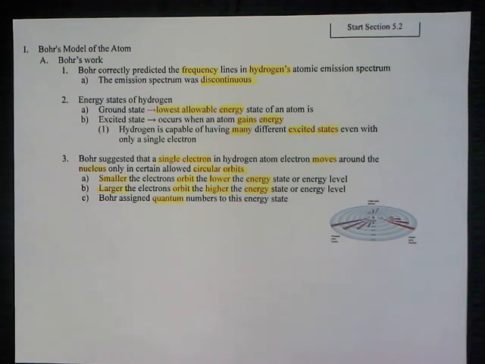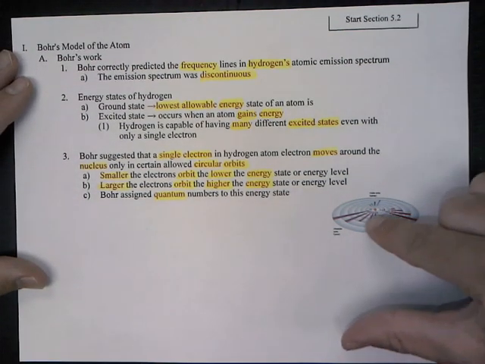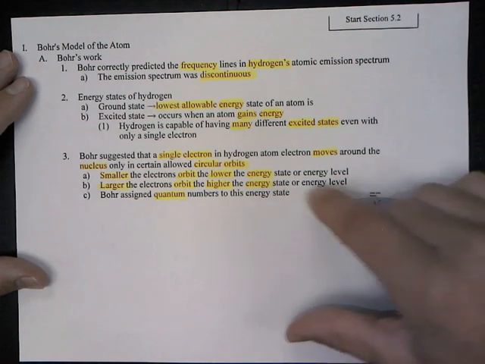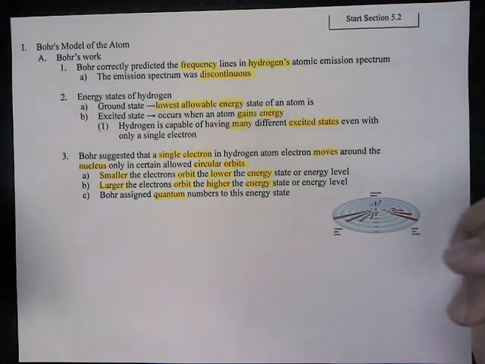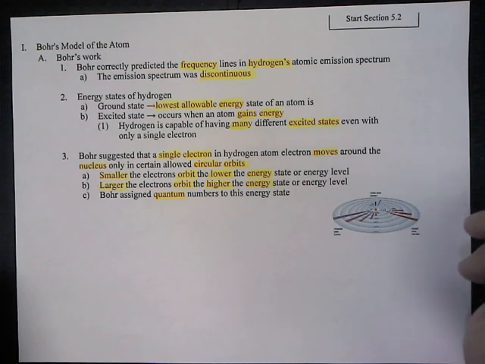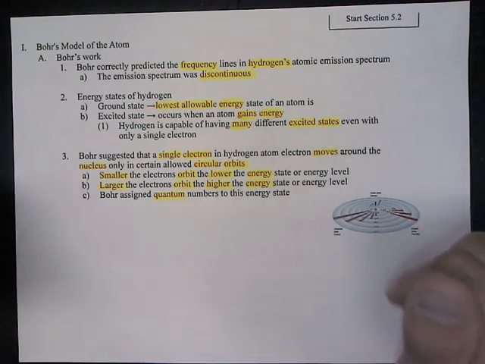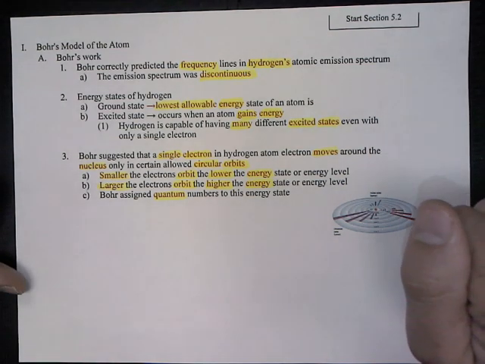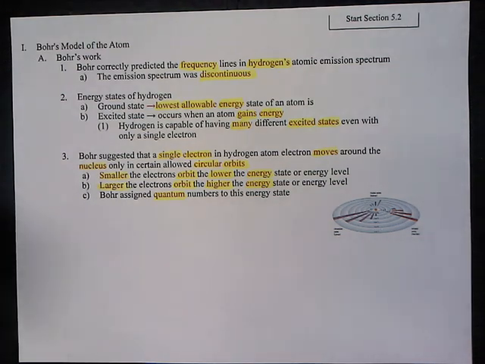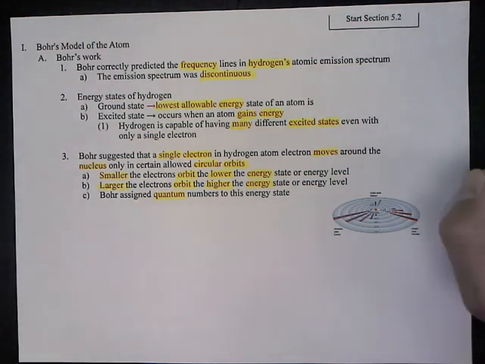So he knew a couple of things. Number one, the electron had to be somewhere around the nucleus, the center. He said there has to be a circular orbit for the electron, and if it doesn't have energy added to it, it's going to be in the ground state.